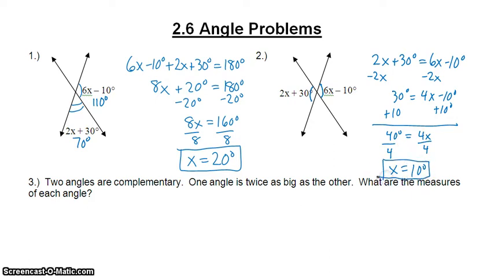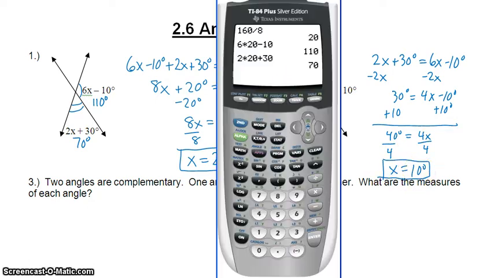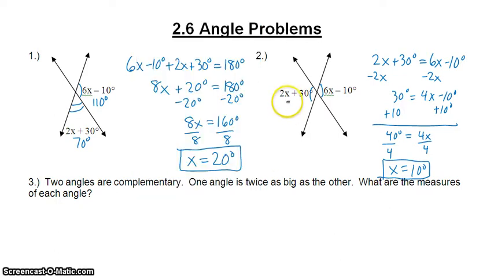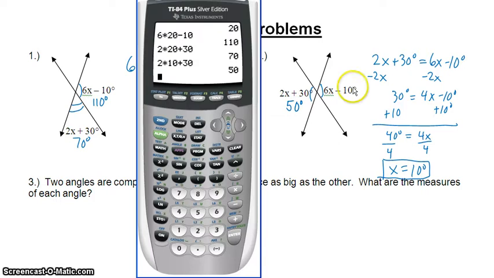To check that answer, again I plug 10 in for x. Our first angle was 2 x's, 2 times 10, plus 30. Our second angle was 6 x's minus 10, 6 tens minus 10.